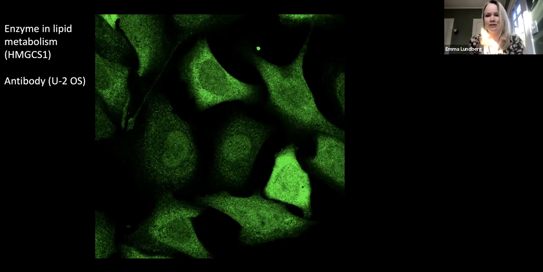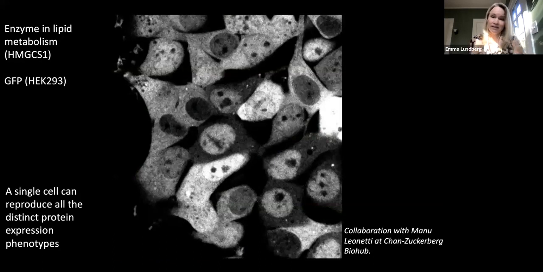So we're starting to get to your question there. This is the resulting image that we got. We were super excited because it's even more pronounced in this image: we have the high and low abundance, and also the different locations, nuclear, cytosol, and both. So we could clearly see that a single cell can reproduce all the distinct protein expression phenotypes, if you will.